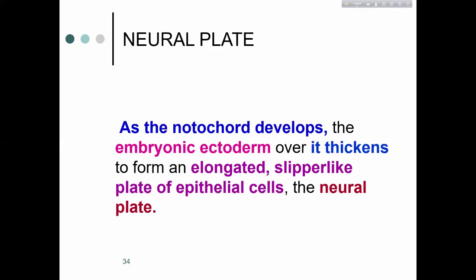As the notochord develops, the embryonic ectoderm over it thickens to form an elongated slipper-like plate of epithelial cells, that is ectoderm. These elongated, thickened, slipper-like epithelial cells form a plate, and this plate is known as the neural plate. So as the notochord develops, the embryonic ectoderm over it thickens.